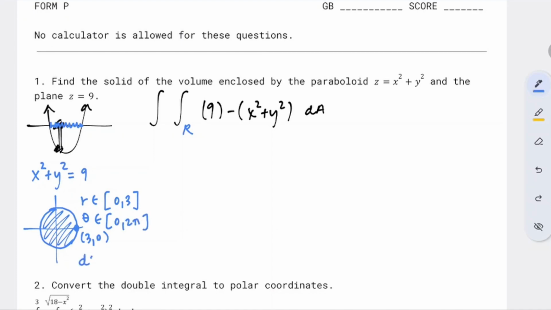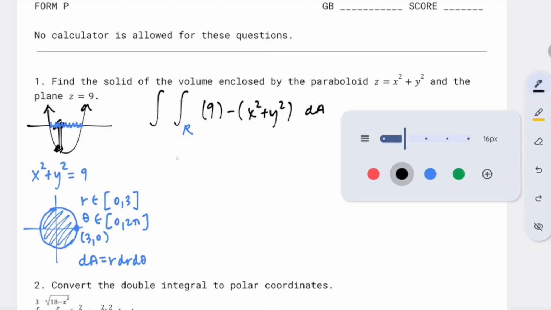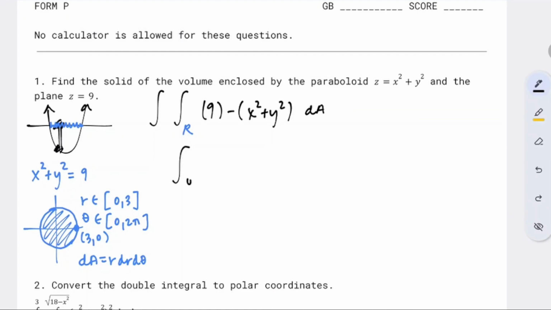I'm going to remind you that dA is r dr d theta. So going over here, that means I'm going to be integrating theta from 0 to 2 pi, and r from 0 to 3, on 9 minus 9.